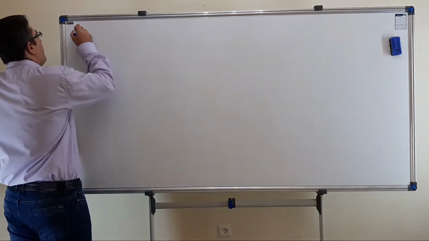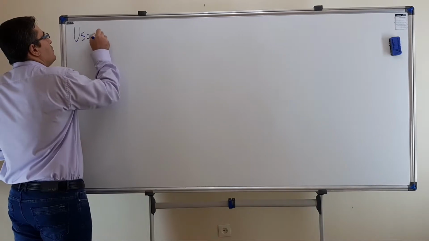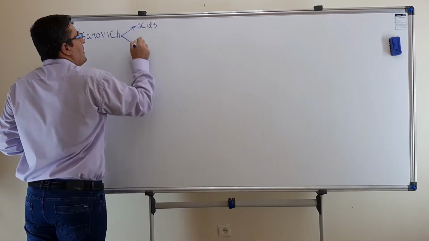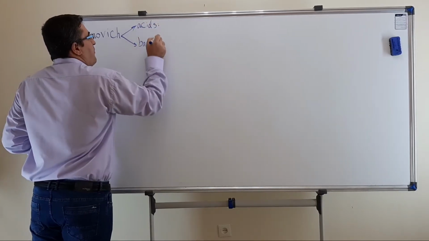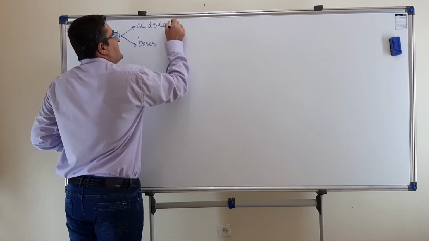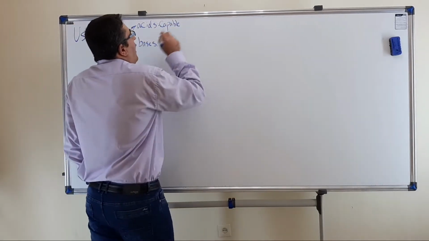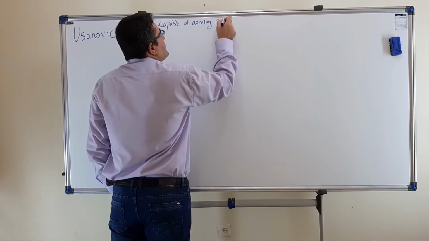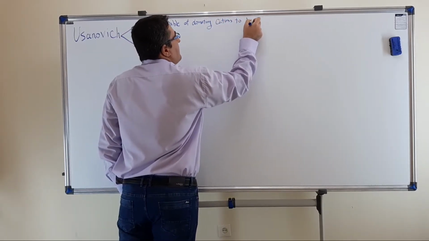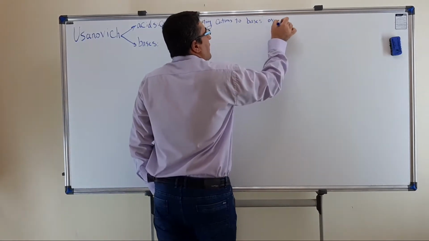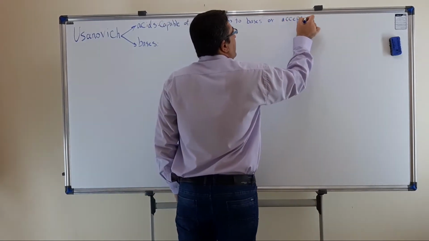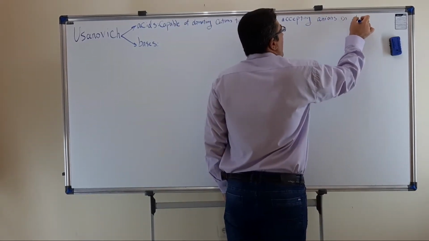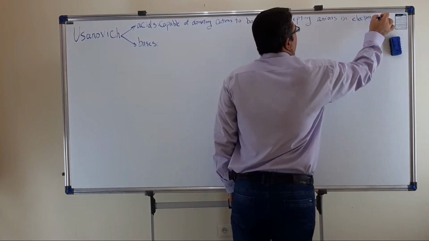So we have the Usanovich acid-base definition and theory, based on which acids are capable of donating cations to bases or accepting anions or electrons from bases.